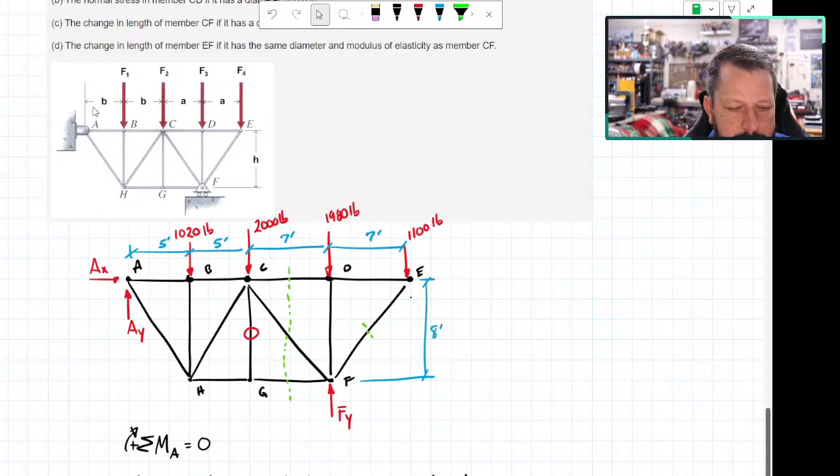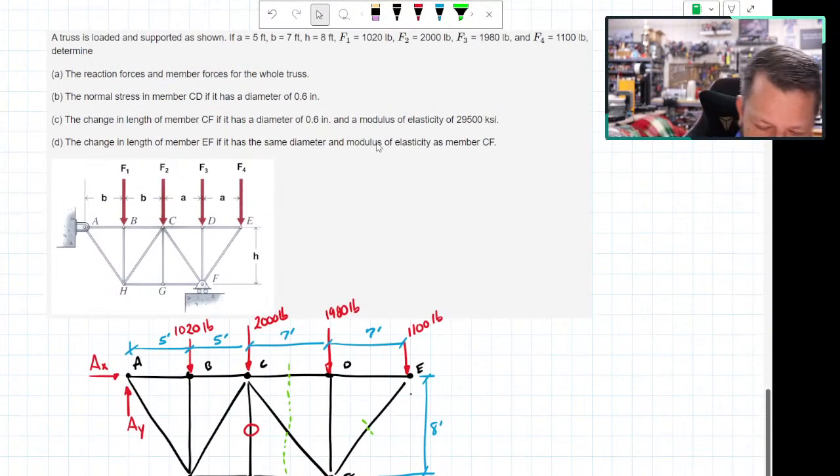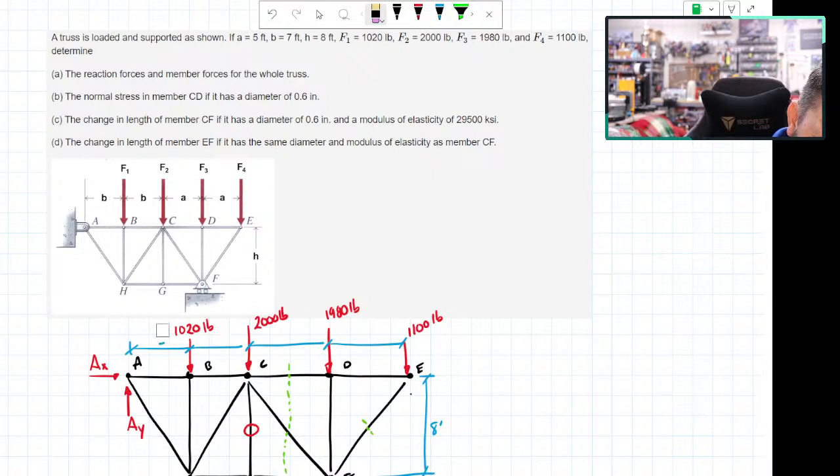But on the dimensions, B comes before A. So I just looked at it and thought, here's the first dimension, that must be A. And I put all the A values, all the 5s, on the left-hand side. And they're actually backwards from that. That's unfortunate. So what it really wants is 7 feet here, and 5 feet here and here.